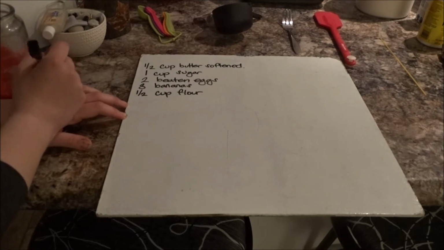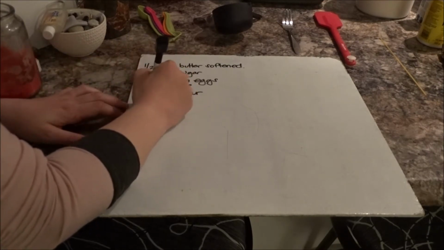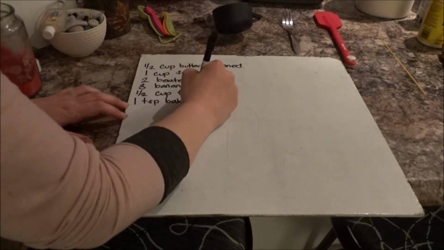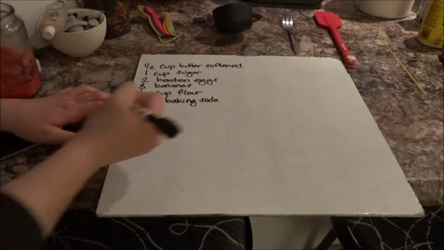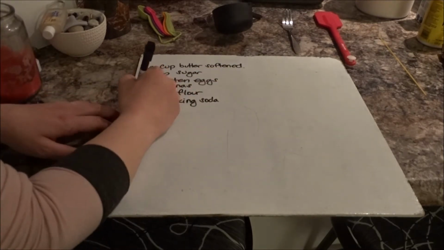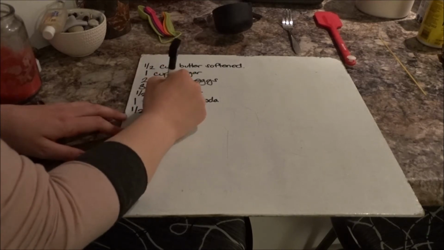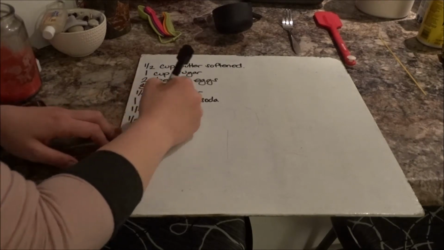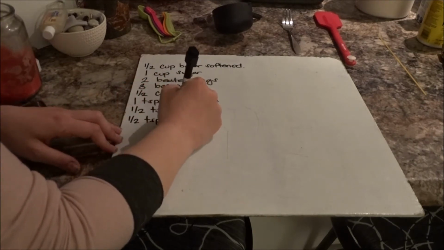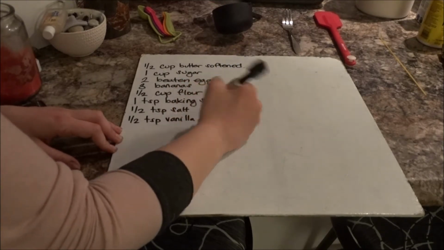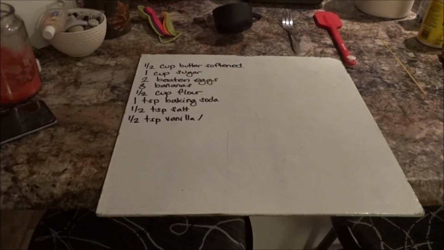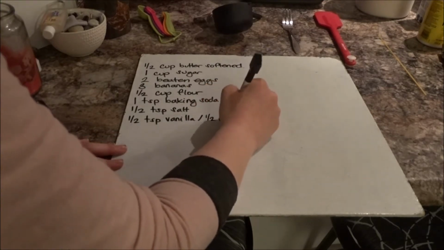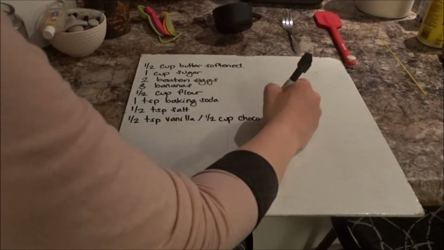Half a cup of flour. 1 teaspoon of baking soda. Half a teaspoon of salt. And either half a teaspoon of vanilla or, not really sure how much chocolate chips, but let's say half a cup of chocolate chips.